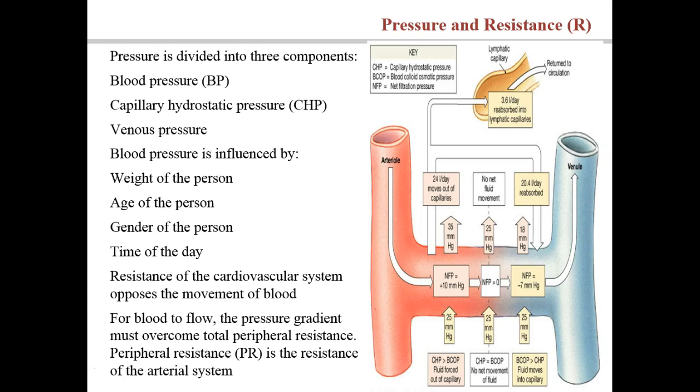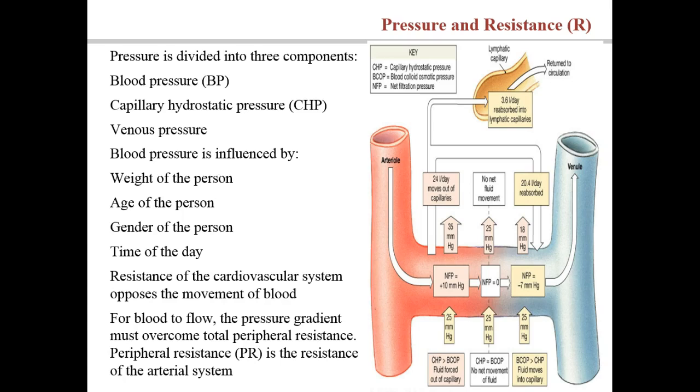So you have this image over here, and we will bring this back, but you have the arteriole feeding into the capillary bed. If you look at this, what you have are arrows going out of the capillary bed. So at the top, you have millimeters of mercury going from the capillary bed to the interstitial tissues.